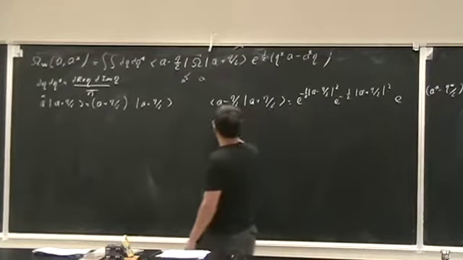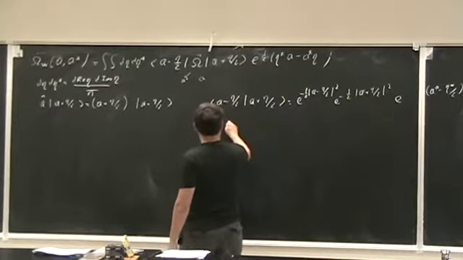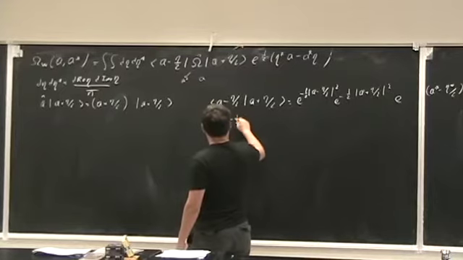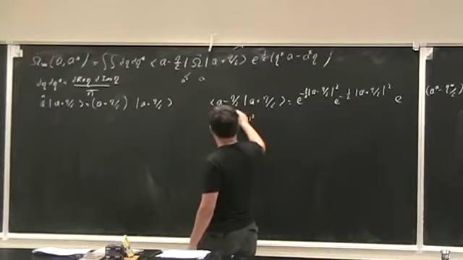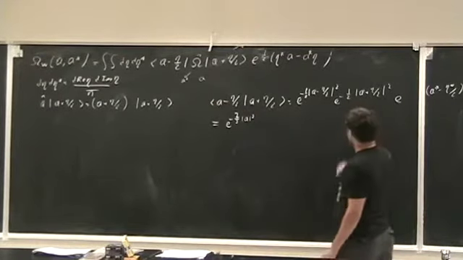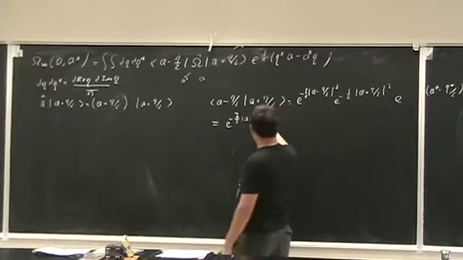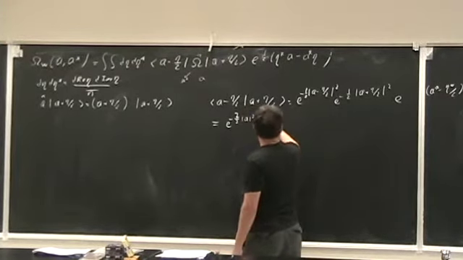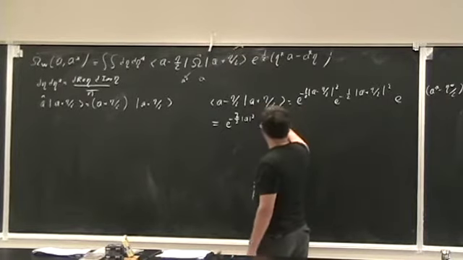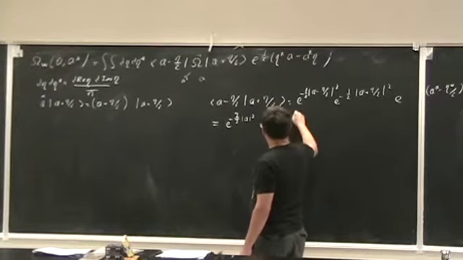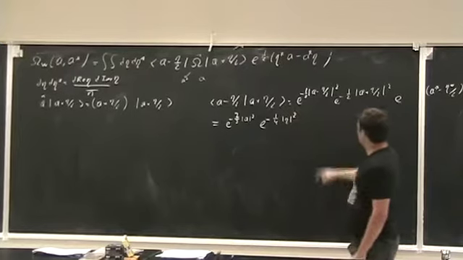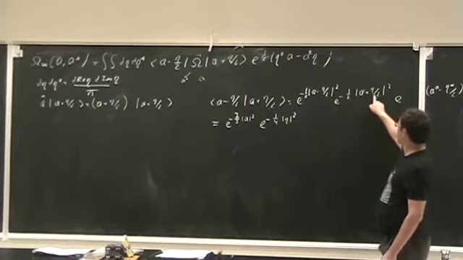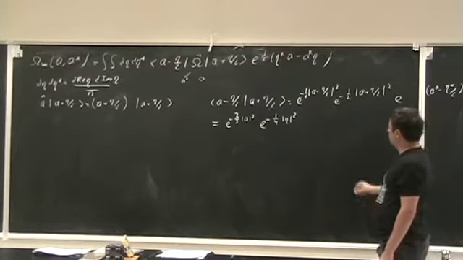Okay, so let's just see what it gives us. It's e to the minus 1/2 mod A squared times 2. This comes from A squared, the other one. Then we also have minus 1/4 mod eta squared. I have 1/8 from here and 1/8 from here.